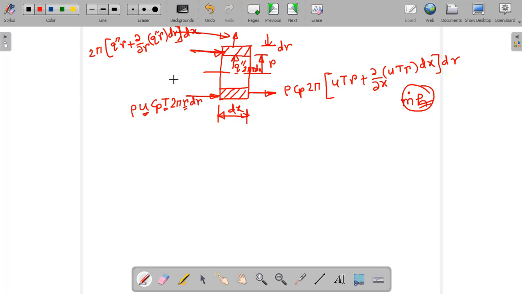These are the quantities involved, and it is a steady state situation, so there is no change of energy with respect to time.